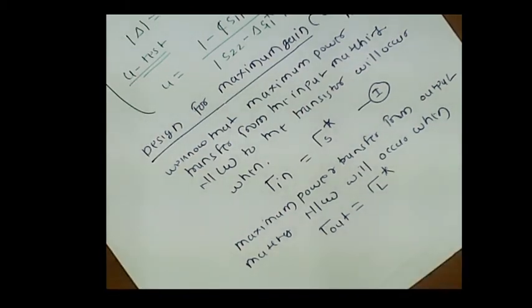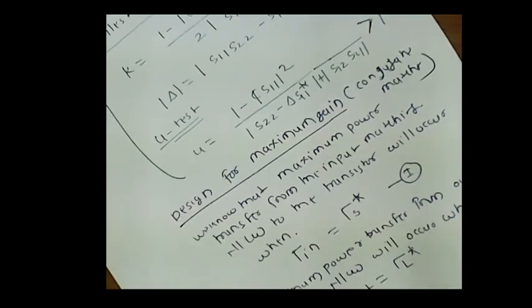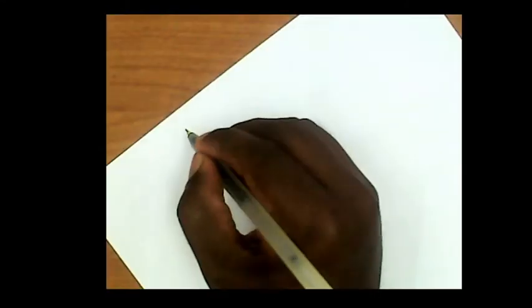These are the conditions under the assumption of lossless matching sections. These conditions maximize the overall transducer gain, and the maximum overall transducer gain is given by the equation we saw in the previous lecture. So this is the condition for the lossless matching section.